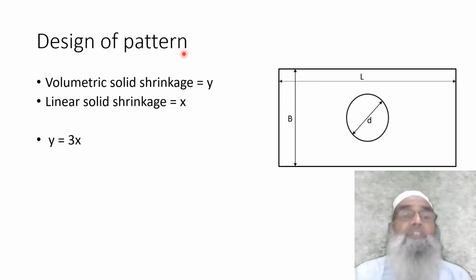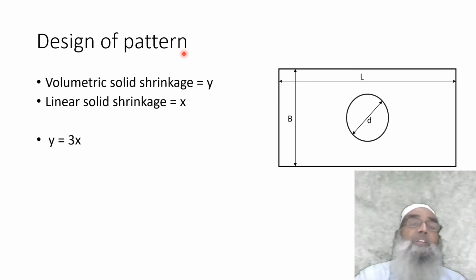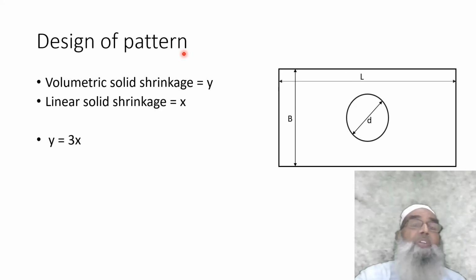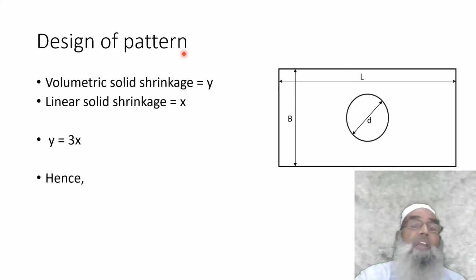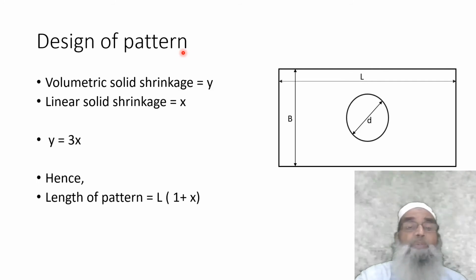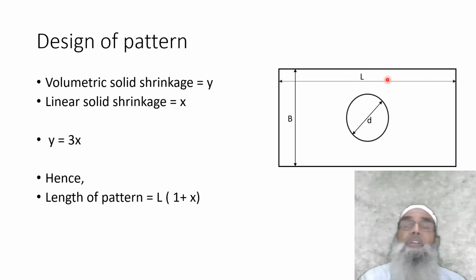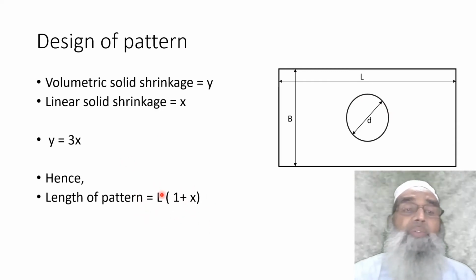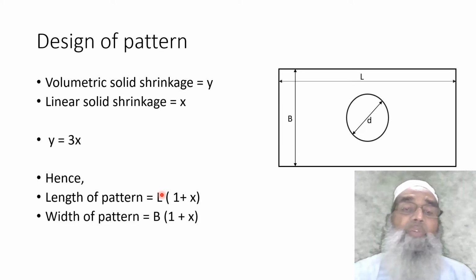The volumetric solid shrinkage and linear solid shrinkage can be related by the equation y = 3x, and hence we can calculate the length of the pattern. Because we measure the linear dimension, we need the linear solid shrinkage allowance for the length, similarly for the breadth.